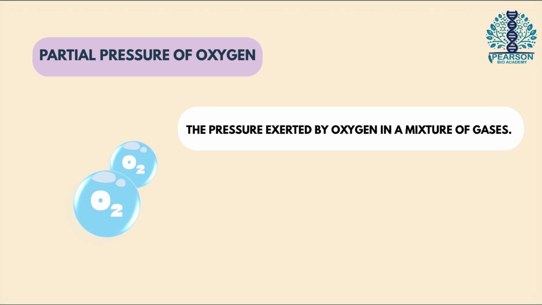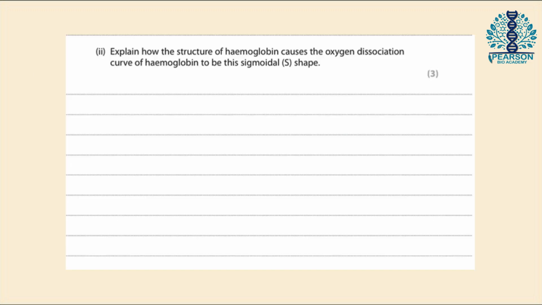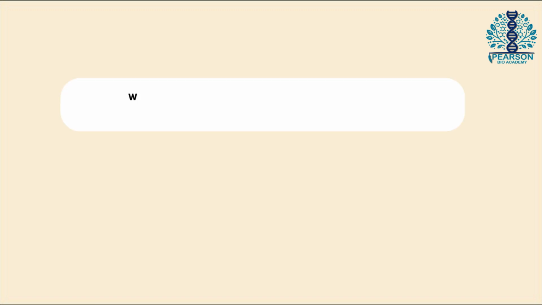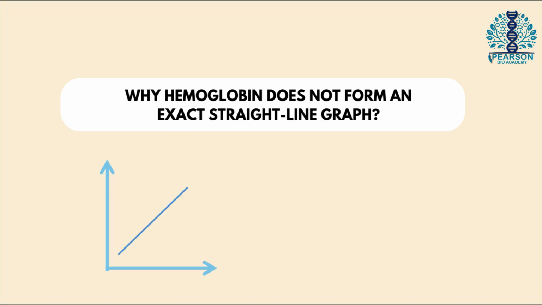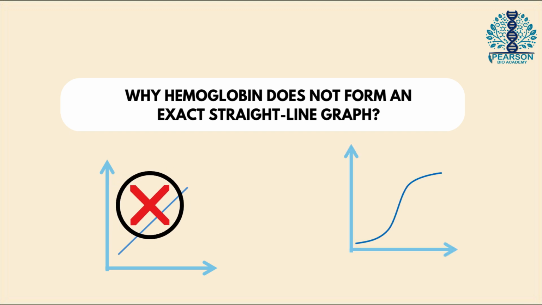The next question asks you to explain how the structure of hemoglobin causes the oxygen dissociation curve of hemoglobin to have this sigmoidal shape. So that's a theory point. You should know why hemoglobin doesn't form an exact straight line graph. It doesn't gradually increase when you increase the partial pressure of oxygen. You can see a sigmoidal shape.